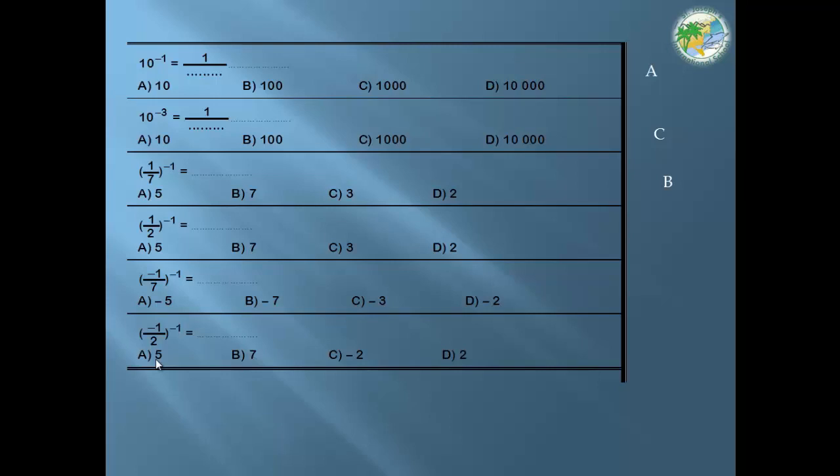We change the place of 7 because we have negative 1. We can swap the numerator and the denominator.